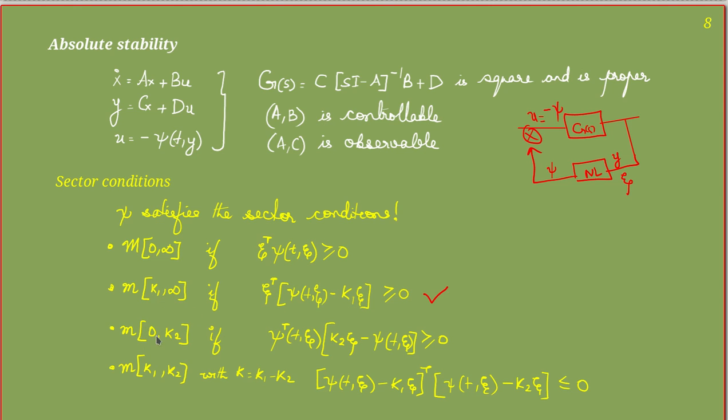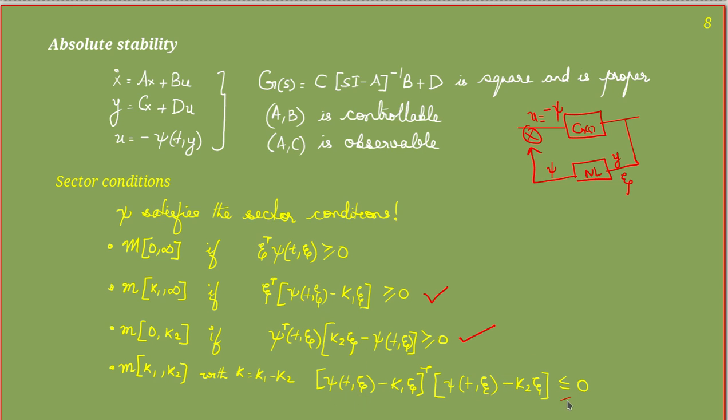And for this kind of a nonlinearity, the passivity function will be of this form: xi transpose into K2 xi minus xi of t comma zeta. If it is in the K1 to K2 sector, what happens? I have this term and this term multiplied together.